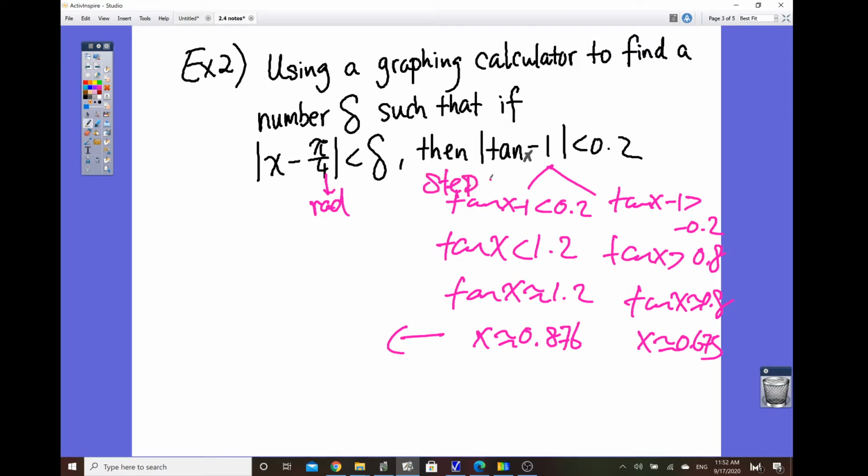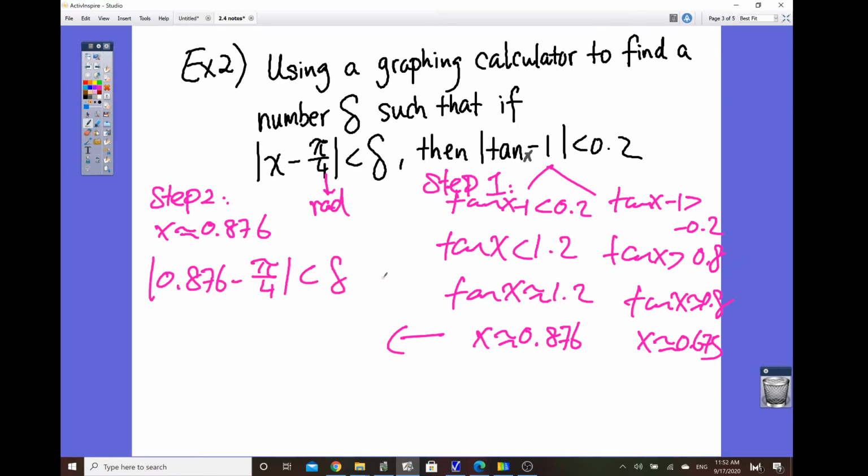Again, step 1, you always want to start with the conclusion, and then step 2, the hypothesis. One number at a time, so start with 0.876. Absolute value of 0.876 minus pi over 4, and let's find out what delta is.